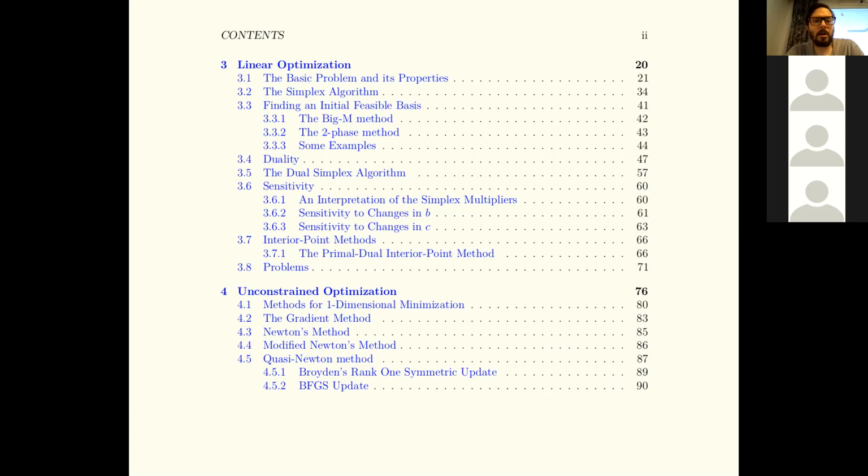I'm not going to talk about the interior point methods and so forth all that much. I'm going to mention them a little bit and the ideas in them. So much of this material works in the way that I give a problem class, like in the case of linear optimization. I give one method for solving it in more detail.